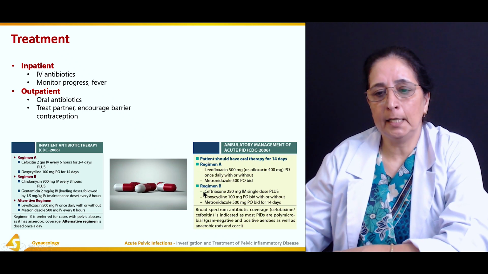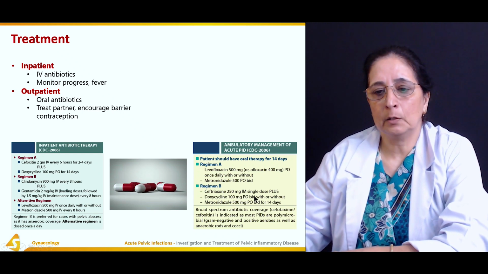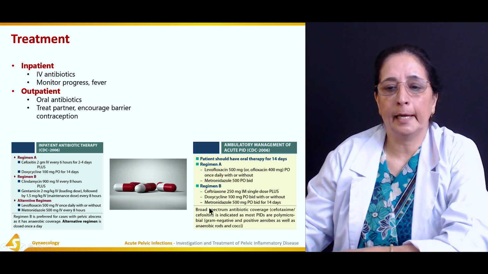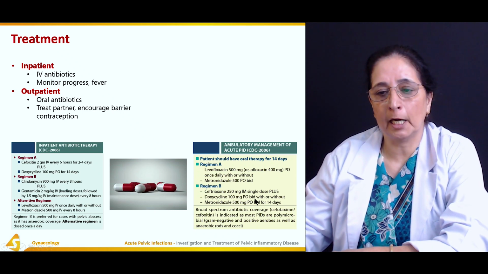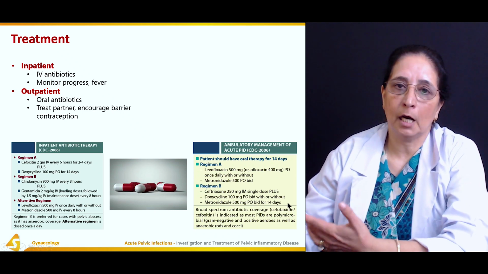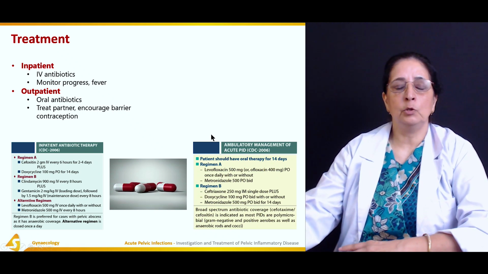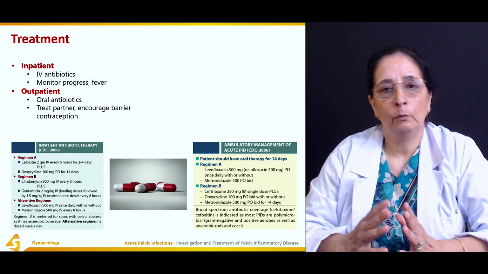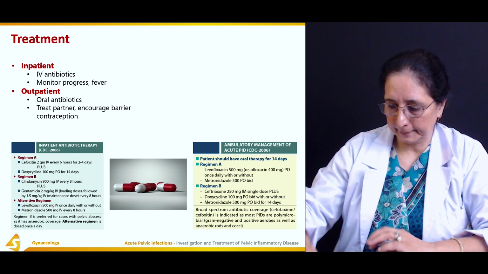In regime B, we give ceftriaxone 250 milligrams intramuscularly in a single dose, plus doxycycline 100 milligrams per oral 2 times a day with or without metronidazole 500 milligrams. So these are the two main regimes. One is for inpatient, one is for outpatient or ambulatory management.